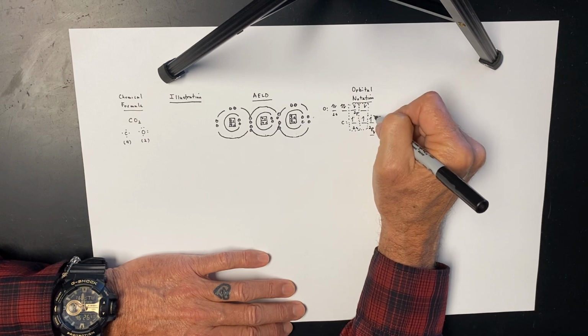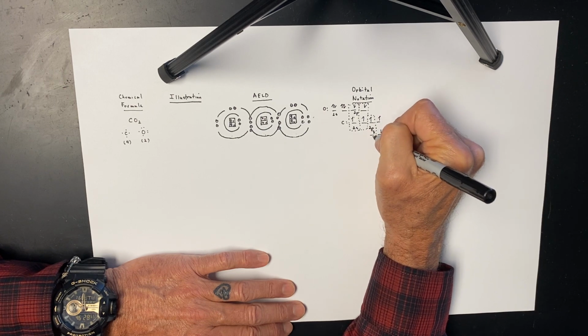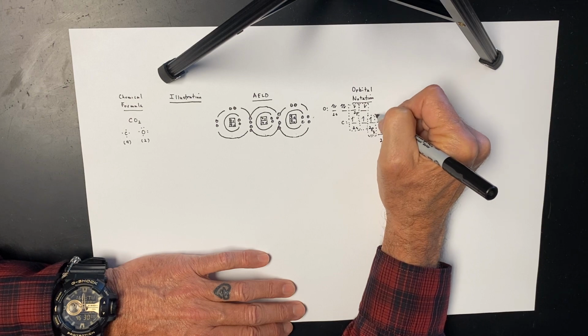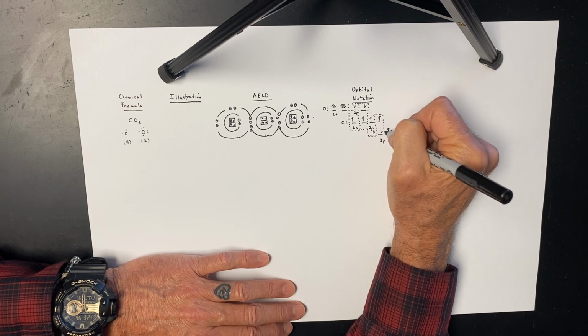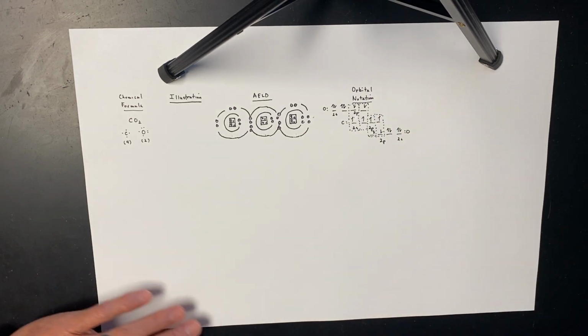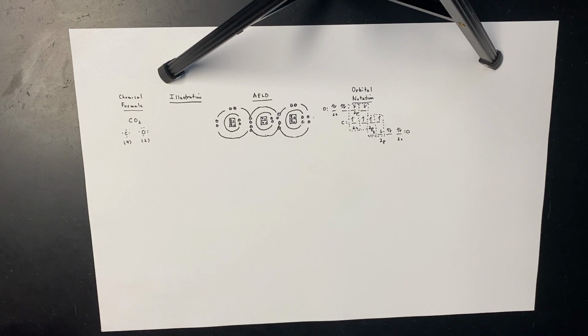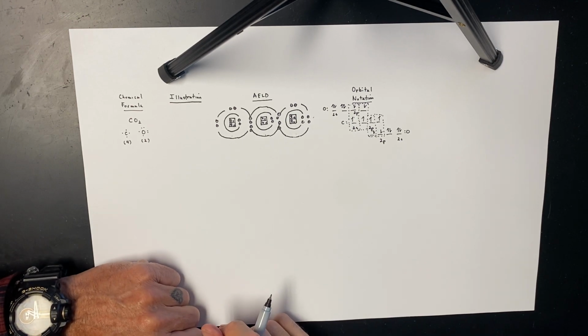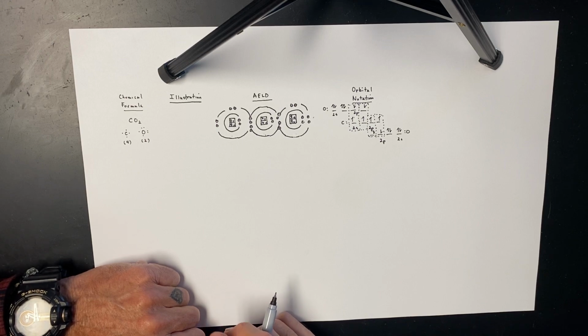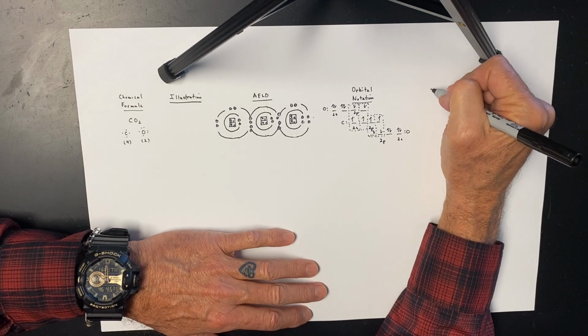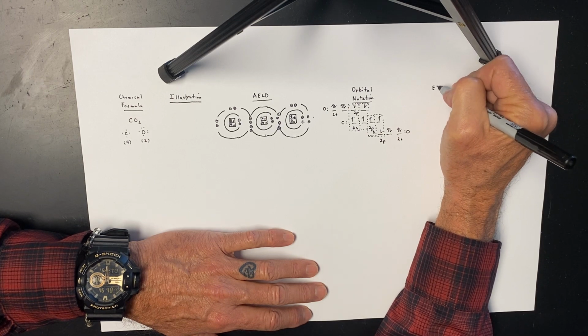We're sort of drawing this backwards so we can get to 4 shared pairs of electrons. And there you go. There is carbon's 4 shared pairs of electrons. Kind of interesting arrangement. The next diagram that I'd like for you to represent is the electron dot.